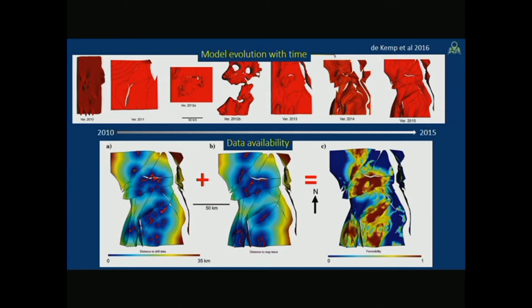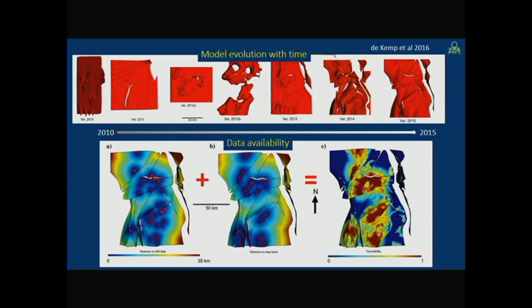Here we have colors which are distance to drill hole data. So red means you're far from the data, and those dots are the drill holes. And here, distance to the map traces that we use to build up the 3D model. And he's come up with this plus this equals some sort of favorability scheme where red means we know more and blue means we don't know so much.